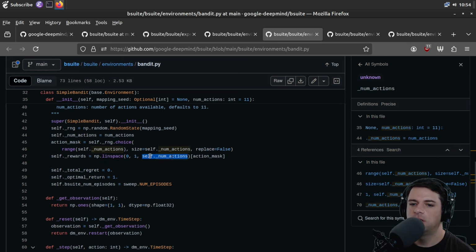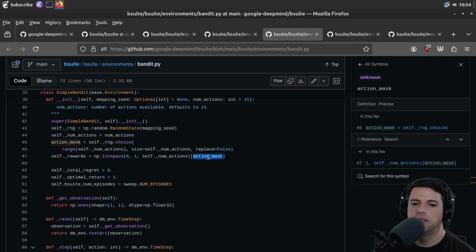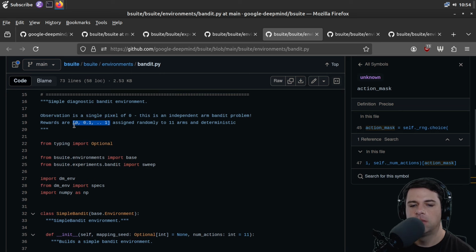I don't know what num actions is, and we're indexing at action mask. So intuitively, we've got our actions, we've got our samples, and we're just assigning the rewards consistent with this.